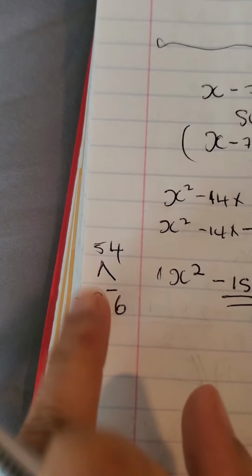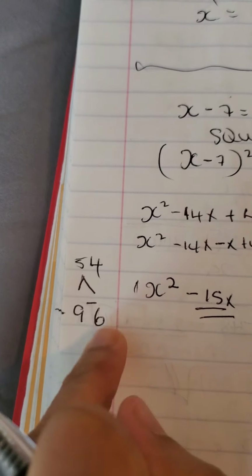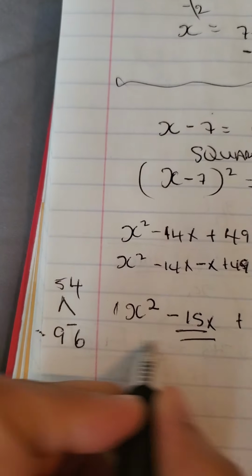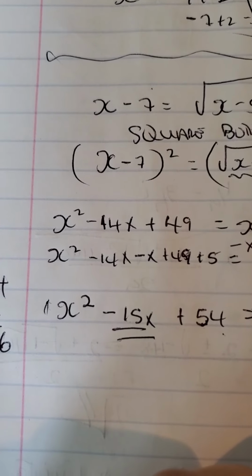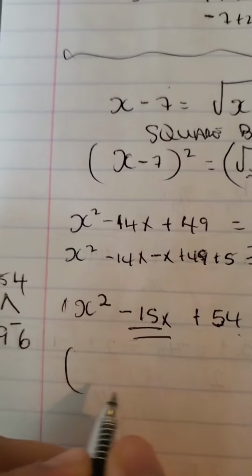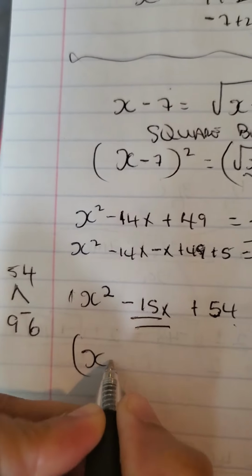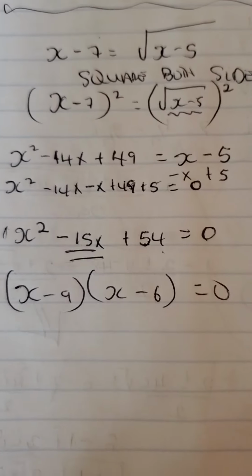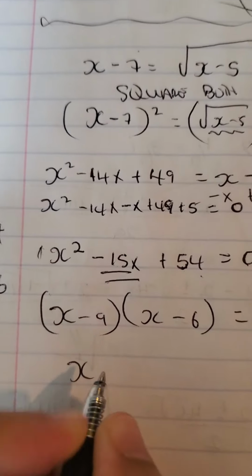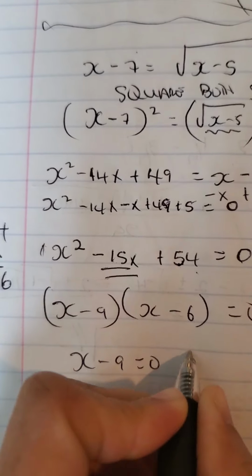That makes sense because negative 9 times negative 6 is positive 54, but when I add them, I get negative 15. Because the leading coefficient is 1, my two factors will be (x minus 9)(x minus 6) equals 0. And then I'll solve for x in each scenario.